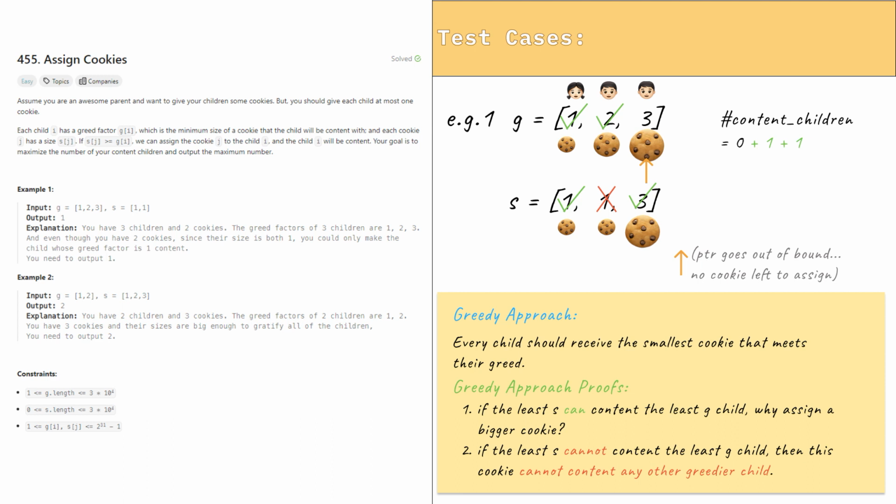We can save the bigger cookie for other greedier children in our list. If the current smallest cookie cannot contain the current least greedy child, then this cookie cannot contain any other child which is greedier than this current child. In our example, it would be the second cookie, which is crossed out because it cannot contain any child in our list.